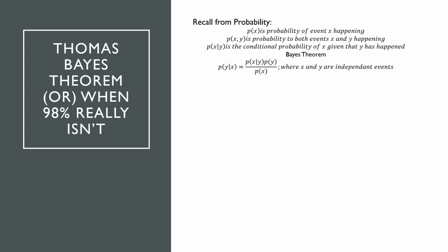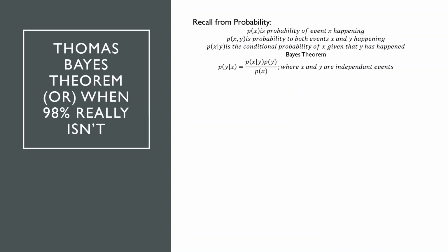You may recall from basic probability, and this is a simplified version of Bayes' theorem, usually called Bayes' rule, and it deals with conditional probability. So the probability of X is the probability of X happening, an event of some sort. Probability of X and Y is a probability of both events, X and Y, happening. That's not quite the joint probability function.